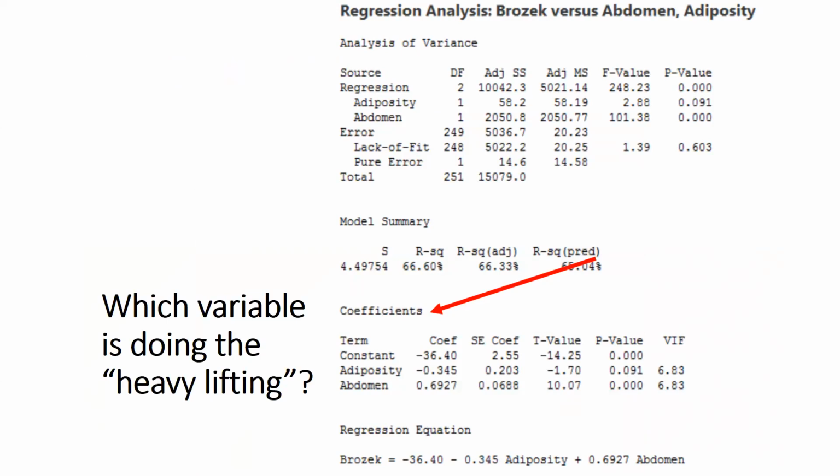So I'm showing you another regression output now. This one still has Brozek body fat percentage as the y or dependent variable, but now it has only those 2 interesting predictors in it, adiposity and abdomen. And often I'll let the students guide me to this, because what we'll do is we'll fit a simple linear regression using abdomen, since abdomen circumference was the single strongest correlate of body fat percentage.